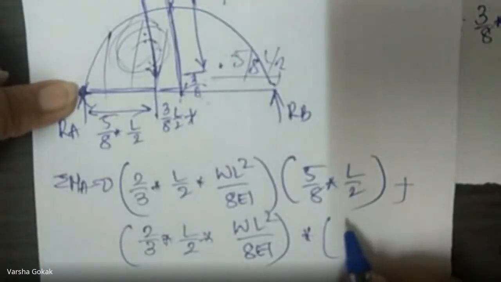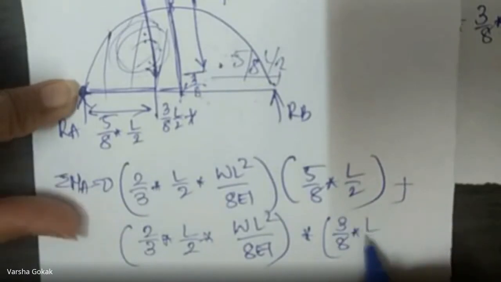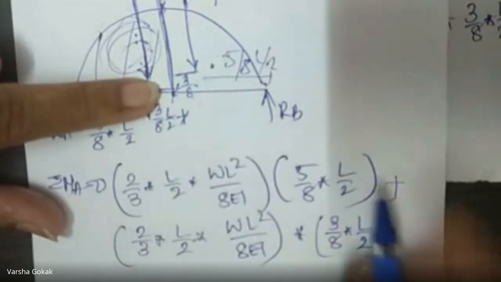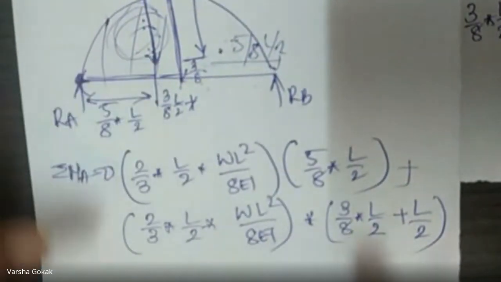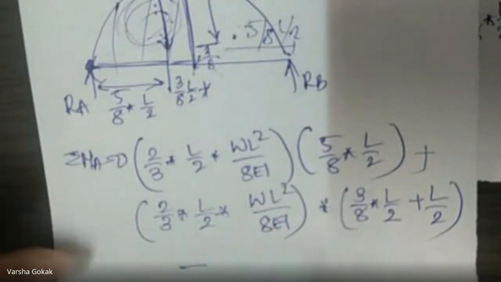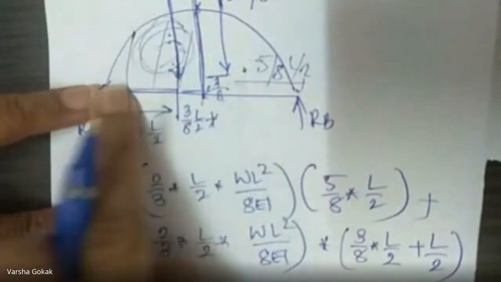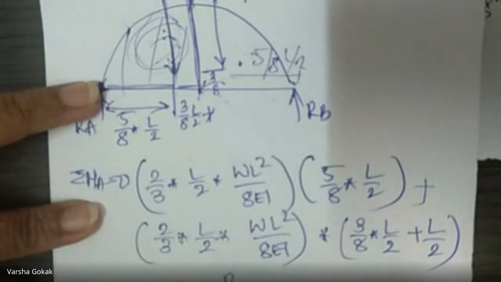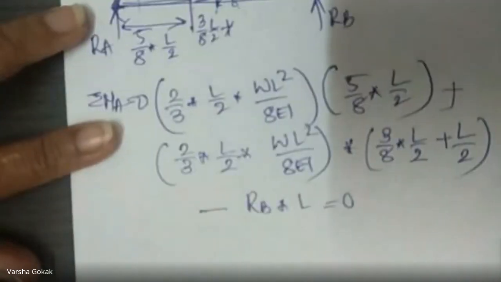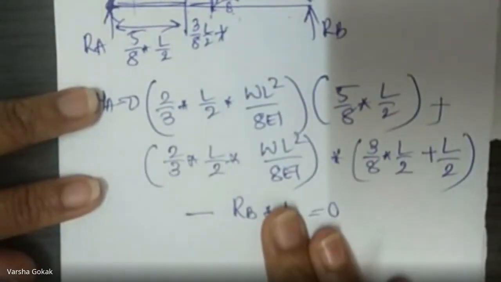It is first 3/8 of L by 2 for individual plus L by 2. So this is the total equation minus RB into L equal to 0. This is the moment equation.